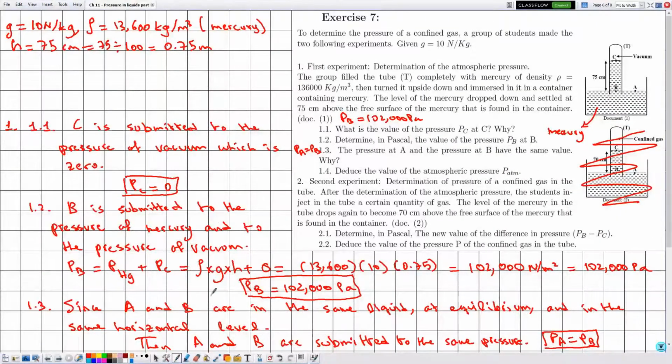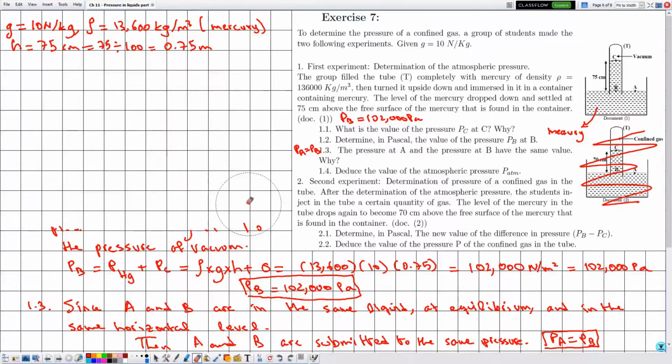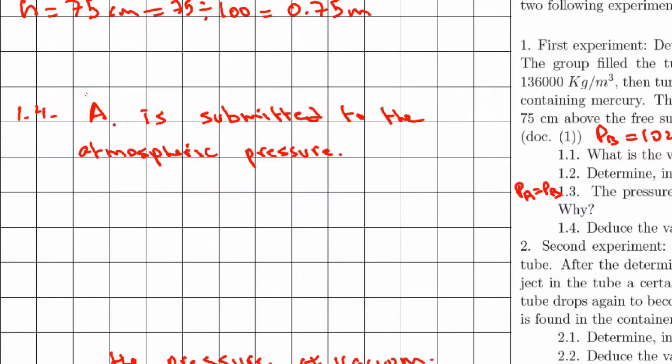But first, let's justify this and say we are in part 1.4: A is submitted to the atmospheric pressure. This statement is important because it's the link between the pressure at the point A and the atmospheric pressure, so they usually give it half a mark.